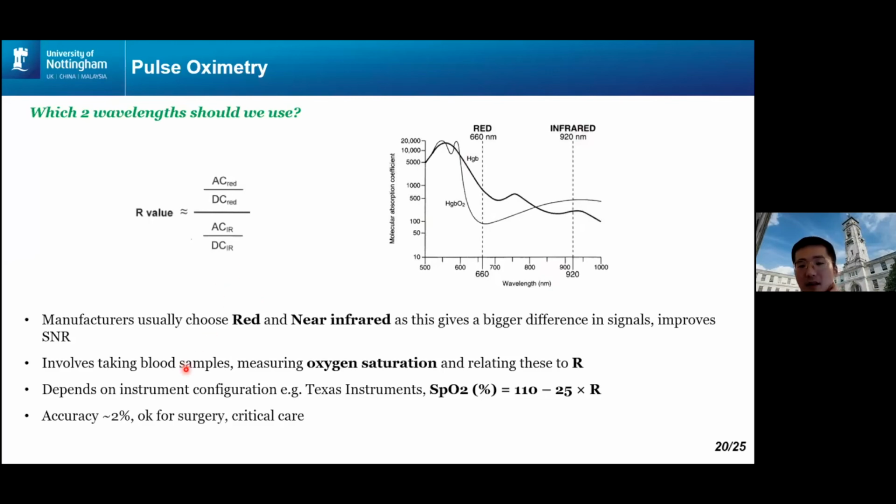Depending on the instrumentation configuration, there is an empirical equation for addressing the R curve. For example, the one most commonly used in the market is this equation. In critical care applications, an accuracy within 2% is okay for surgery.